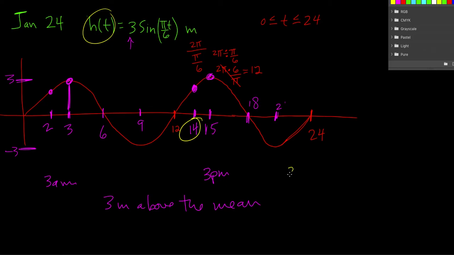And so we're going to get 3 sine pi times 14 over 6. And 14 over 6 is going to give us 7/3. So 7 pi thirds.